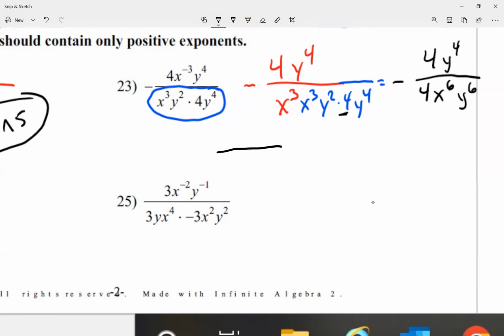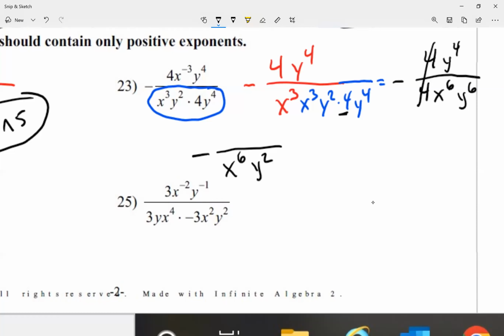So let me simplify things out. I know there's a negative in front of my fraction. Number-wise, the 4's cancel out. When it comes to x, I have an x to the 6 at the bottom. When it comes to y, I have y on the top, y at the bottom. So let me subtract my exponent, so I get y to the 2, but I'm going to write it y to the 2 at the bottom because the bigger exponent was at the bottom.